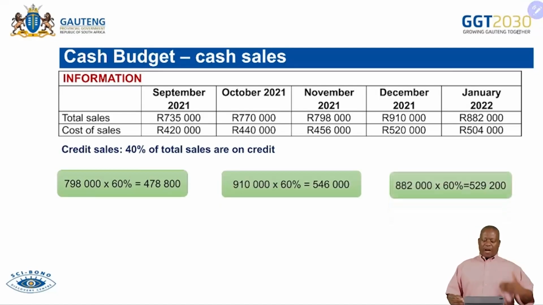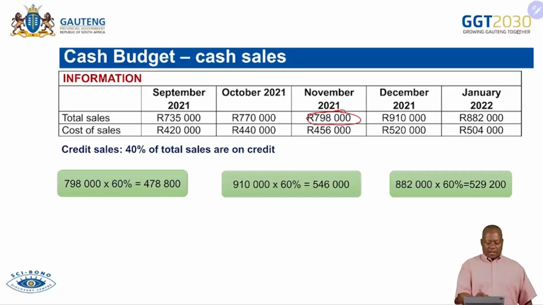So it is going to appear in our cash budget just in a simple way. Take the calculations. For the month of November, we are taking 798,000 total sales. And then we are finding 60% of that. And there we are. These are our cash sales for the month of November. We get to December. We are taking 910,000. And we are just finding 60% of that. There we are.